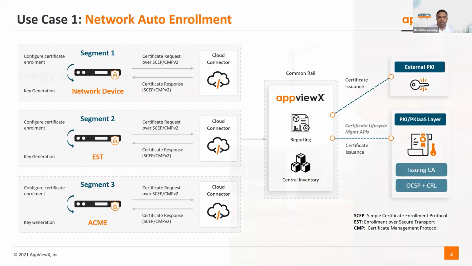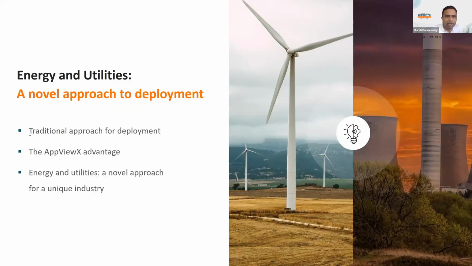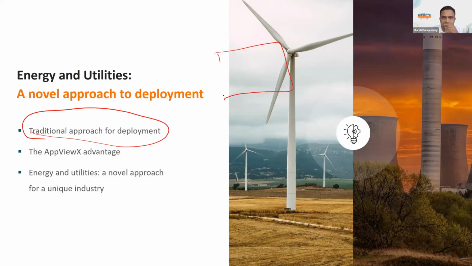Typically in the traditional approach, what we usually have done is there is a central system which has a database associated, and this database has all the certificates, and you connect to those individual systems. Again, there needs to be a firewall port opened for all of those to communicate to the central system.